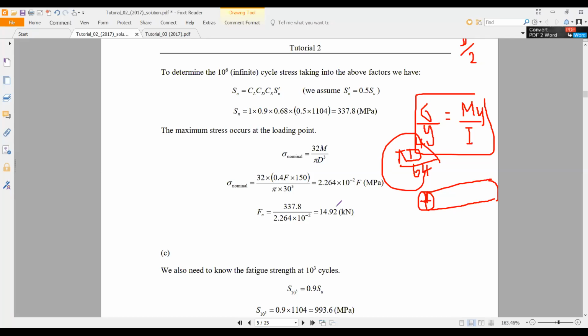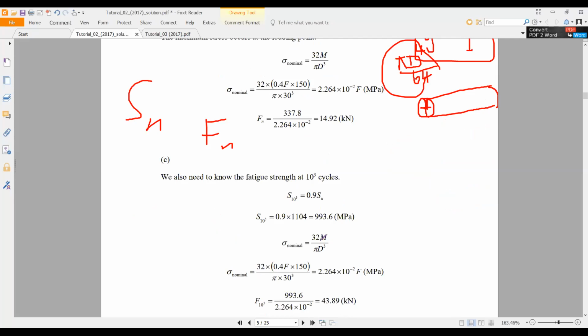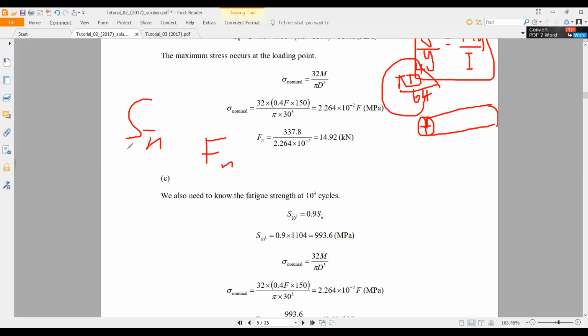I can't hear you. So what is that Fn? What does it represent? Normally at the endurance limit we put Sn, no? That's why it is Fn. Yes, this notation is mentioned at the endurance limit. That means it has reached the endurance limit.